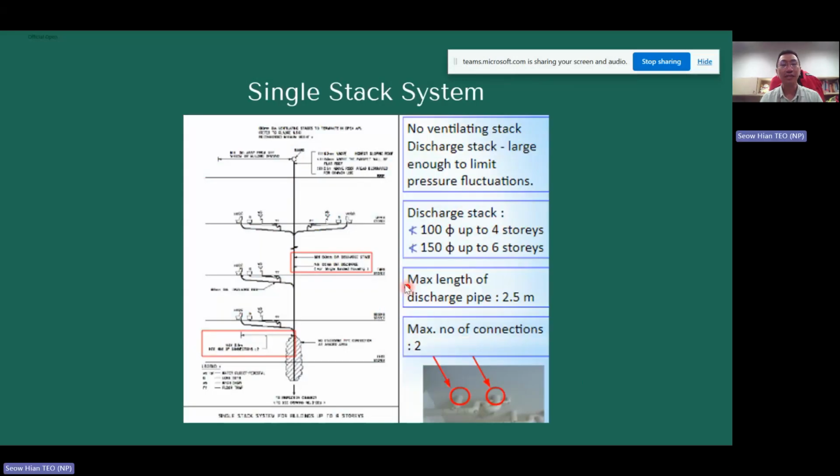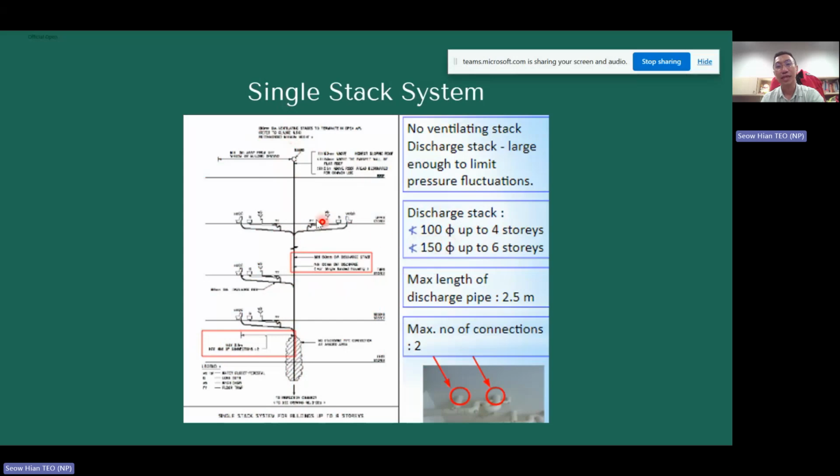So with that, single stack actually has air coming in like this drawing. You can see a drawing. There's this main line, and beside it the wash hand basins and so on, water will flow in and then get in. So this is one of the drawings that we'll talk about in more detail later. So no ventilation stack. The stacks are large enough to handle vapor pressure fluctuation.